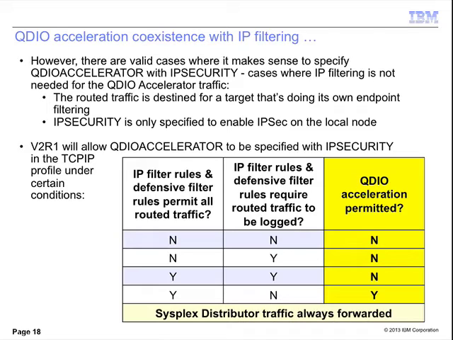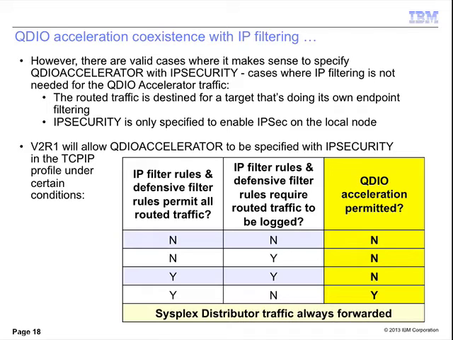And notice what it's saying is that if the IP filter rules you have permit all routed traffic and do not require routed traffic to be logged, then we'll permit the acceleration. The whole question here is, do we need to go through the IP layer to look at IP filter rules? And in that case, we would not.